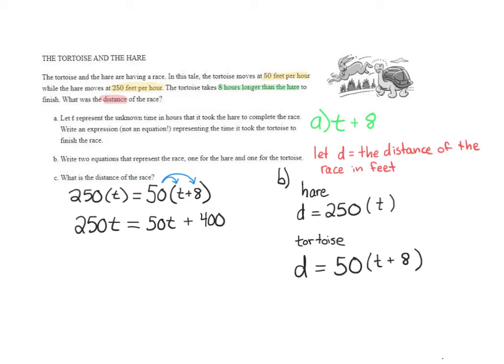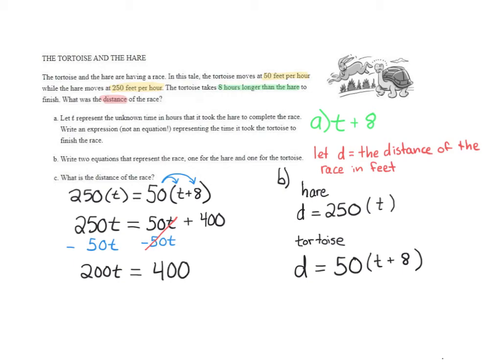Next, I want all of my T's on one side of the equal sign, and I just prefer to keep them positive. So I'm going to subtract 50T from both sides of this equation. On the left, I now have 200T, and on the right, 50T minus 50T is 0. So all I have left is this 400.